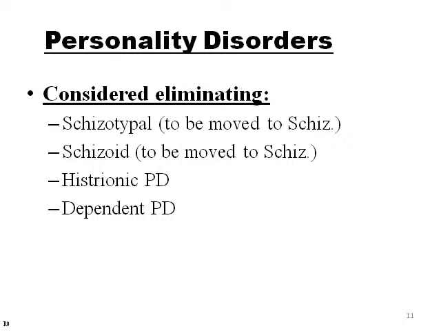Schizotypal was going to be moved to schizophrenia. Schizoid personality disorder was also going to be moved to schizophrenia, which actually didn't make sense to me because it seems like schizoid is more on the autism spectrum than on the schizophrenic spectrum. And then they were going to also eliminate histrionic personality disorder and dependent personality disorder.